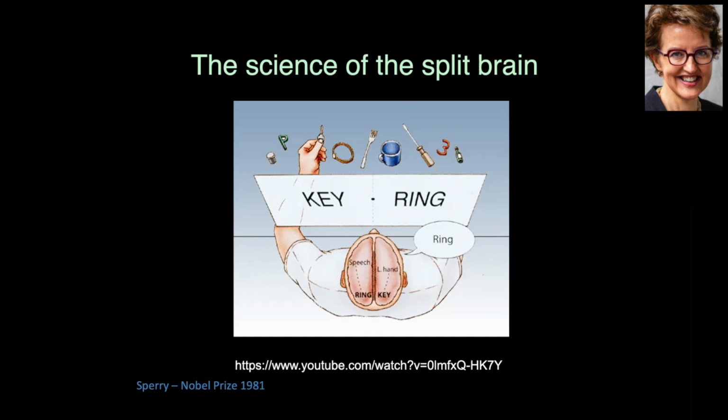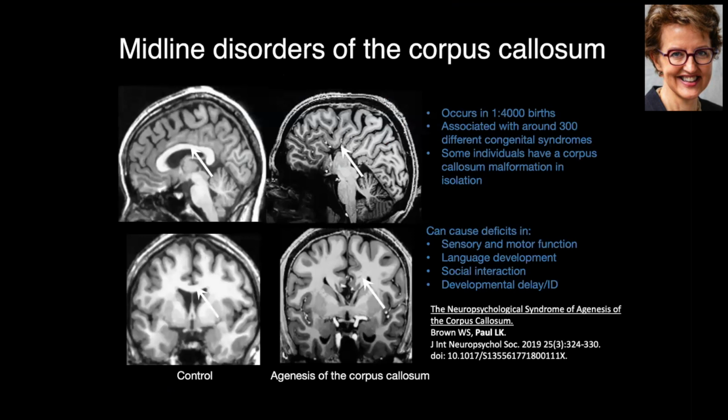And of course, these people had their corpus callosum cut because they had very severe epilepsy, and it was a way to control the seizures from propagating from one hemisphere to the other. But people with corpus callosum disorders, in fact, are born with these disorders, and they occur in around 1 in 4,000 births, and they're associated with around 300 different congenital syndromes.